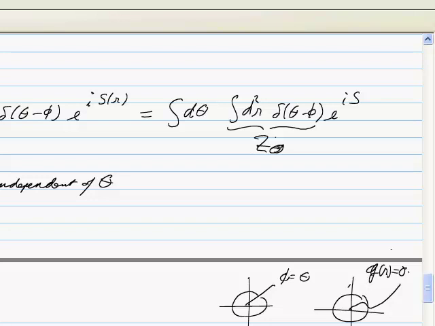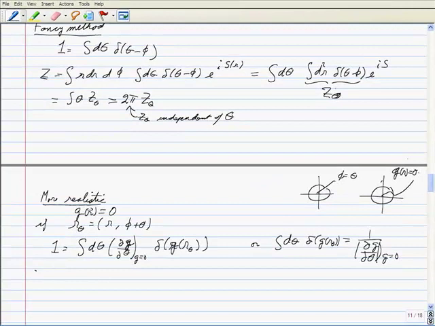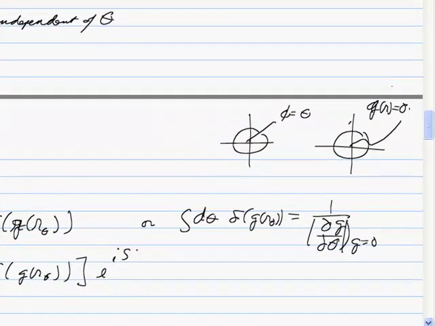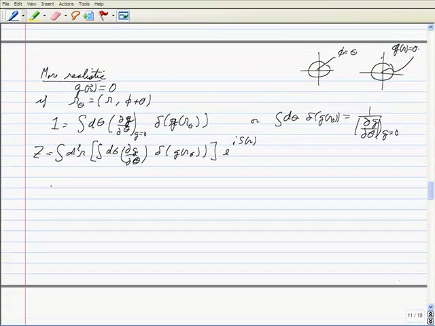So if I repeat the steps I did above, then Z is the integral d2r, the integral d theta, dg d theta, delta of g of r of theta, times e to the i S of r, which becomes the integral d theta of Z of theta again.